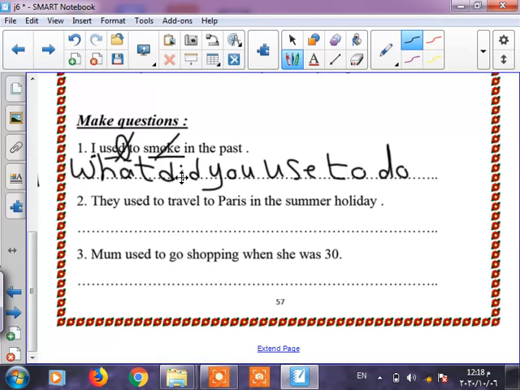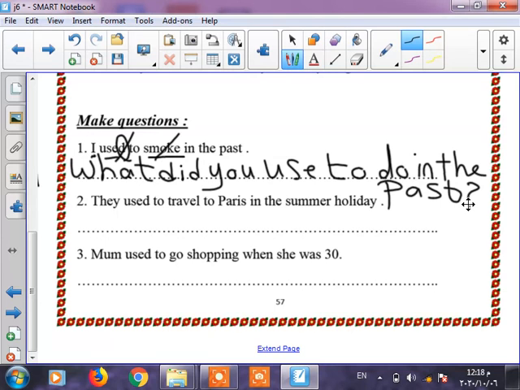Mom used to go shopping when she was 30. So here I need to know the action that Mom used to do when she was 30. She used to do what? Go shopping. So when I ask about go shopping, I ask with what. So what? After what I put the helping verb did, because the verb here is past.